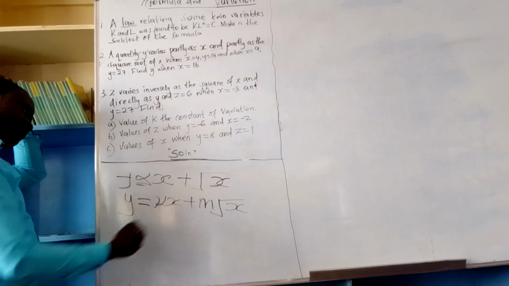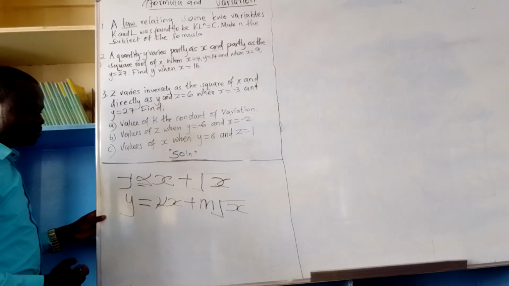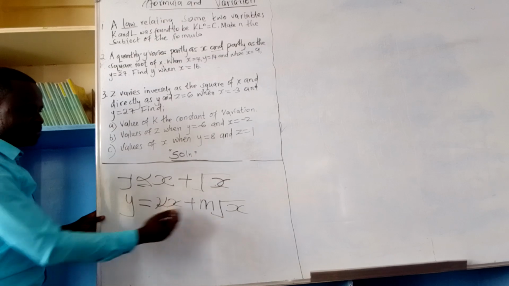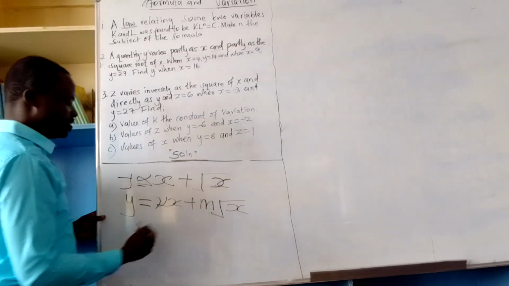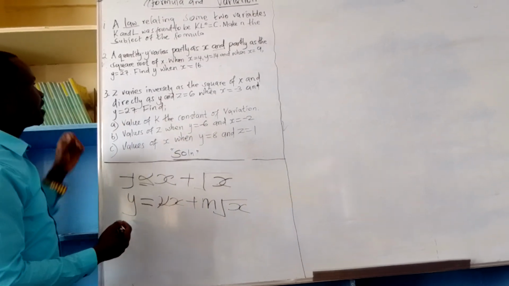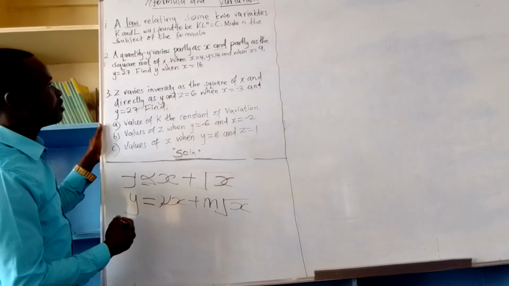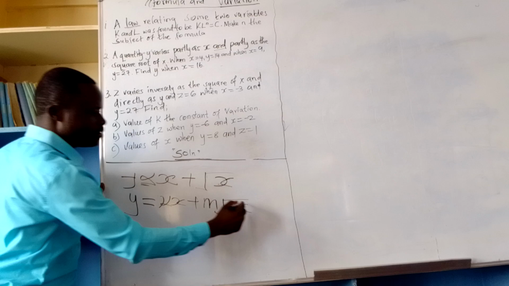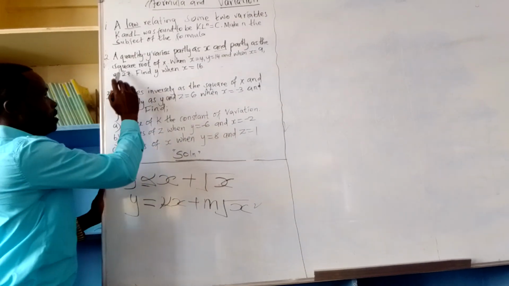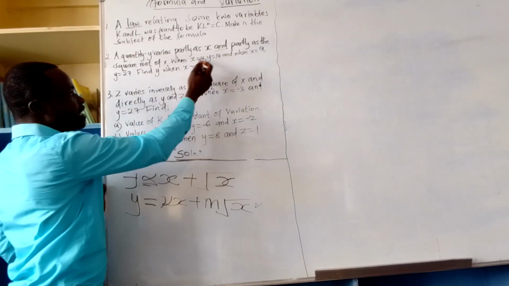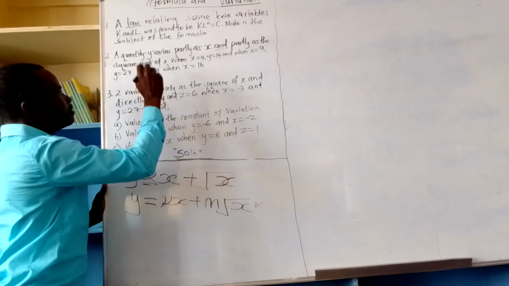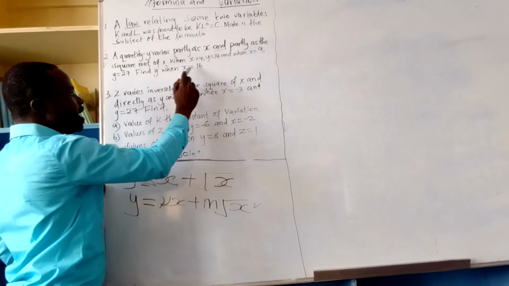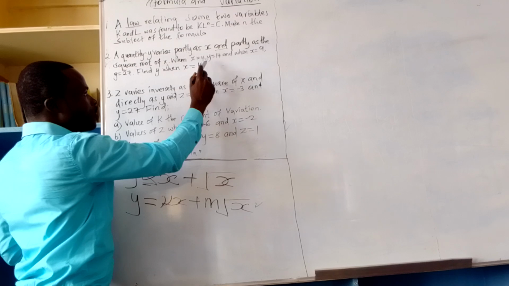So after this, we are going to substitute the values so that we may get the clear route to solve this problem. We have been told that quantity y varies partly as x and partly as the square root of x. When x is 4, y is 14.